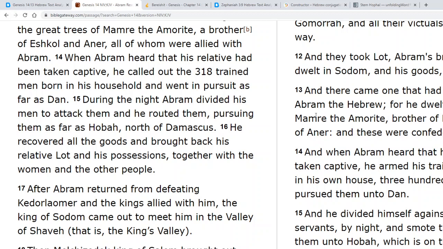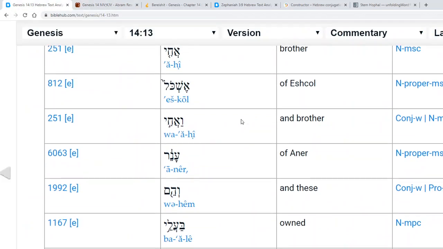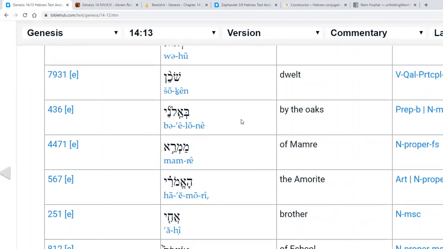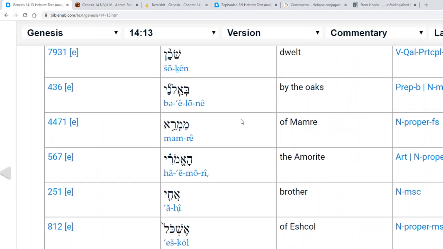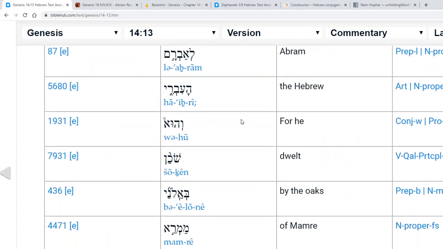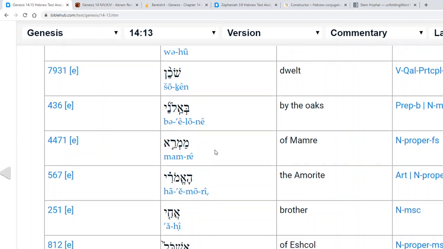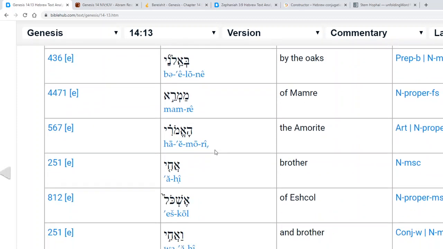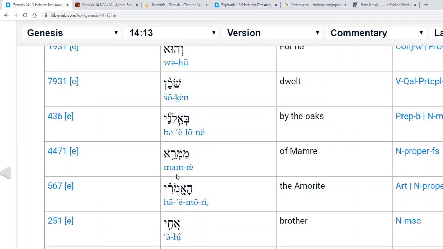So they're saying that Mamre is Be'elone. So he dwelt Be'elone Mamre ha'emori. So Mamre, the Amorite, that's his name.